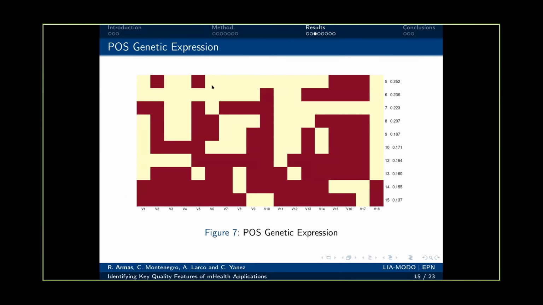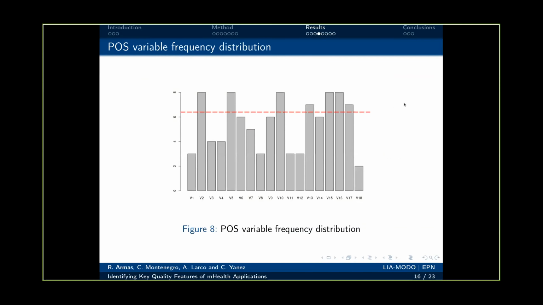That way we can check if we can find a specific pattern in the Pareto optimal solutions. But the best way to analyze this is a variable frequency distribution for each variable in the Pareto optimal set. And we are interested to check which variables are above 80% of the frequency distribution.